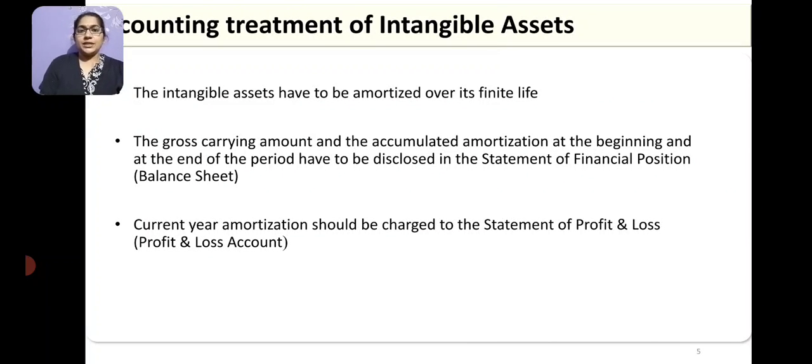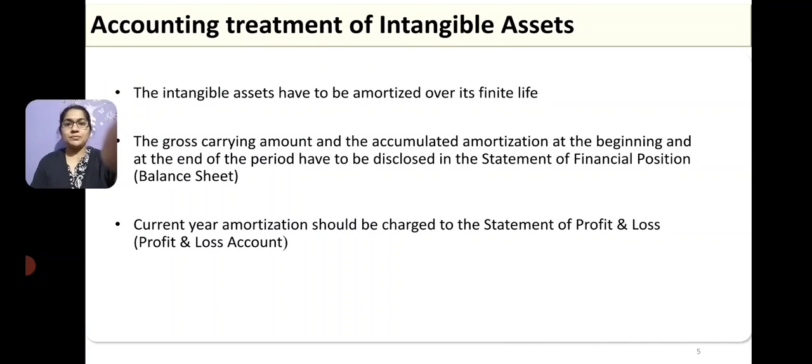Now, how is the accounting treatment of intangible assets done? Once the intangible assets are recognized and identified in the books, they have to be amortized over their finite life. Amortization, as I told, is the systematic spreading of the cost of the asset over its useful life.